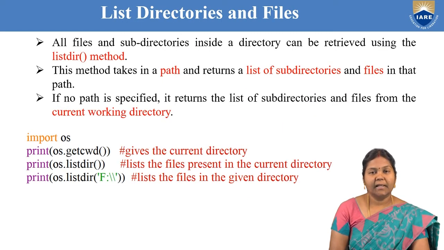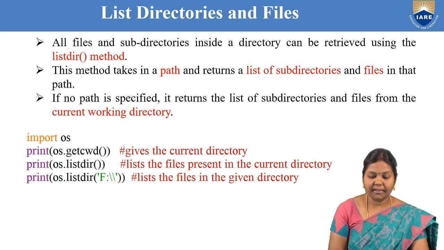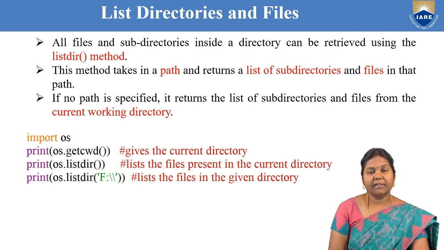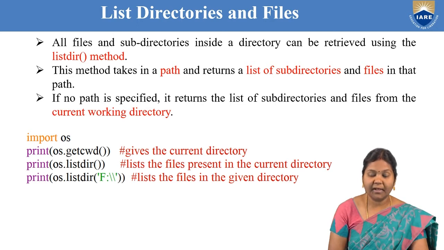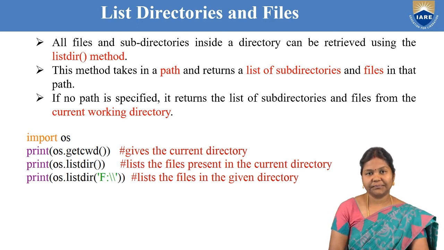The next method is if you want to list out the directories and files inside a directory, then you have to use the listdir method. All the files and subdirectories inside a directory can be retrieved using the listdir method. This method takes a path and returns a list of subdirectories and files in that path.